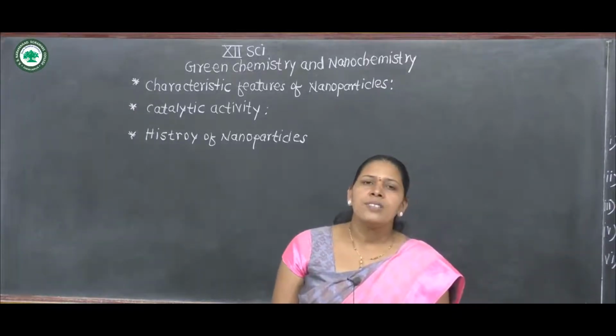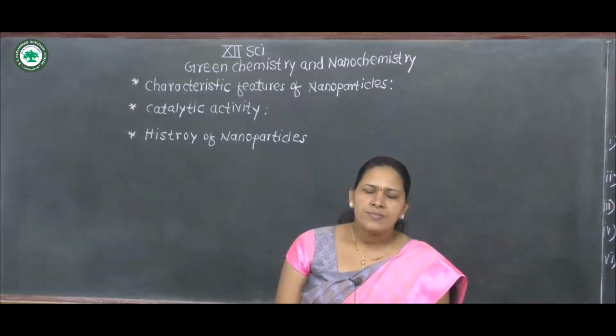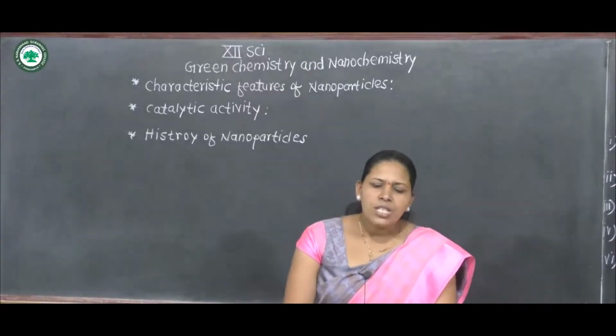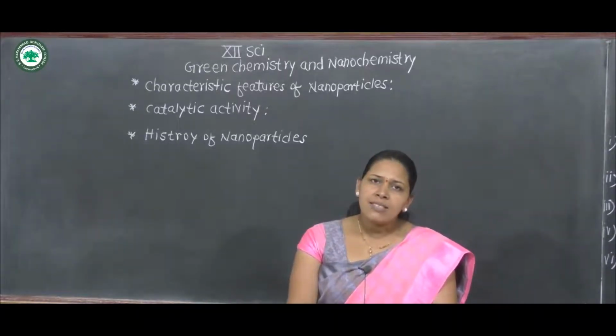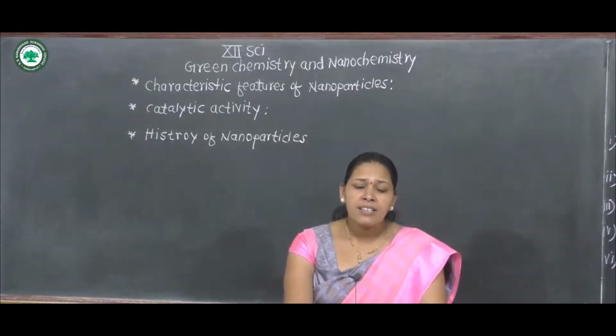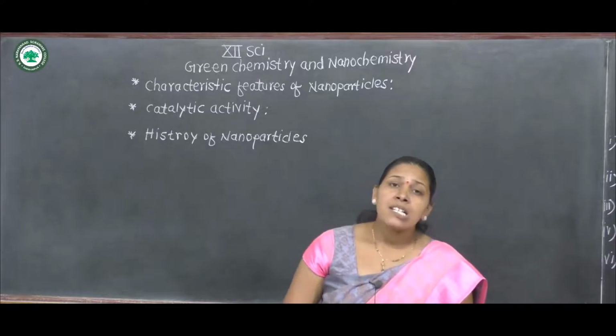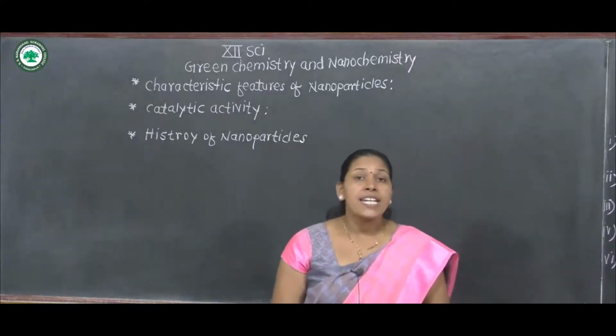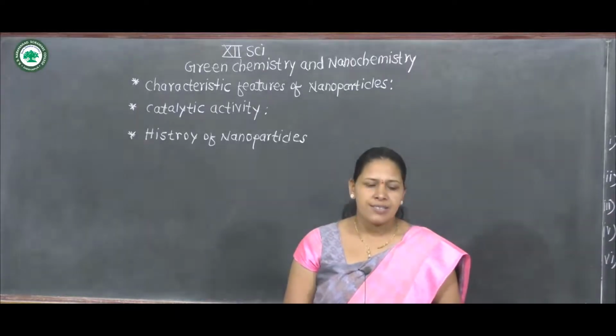There are some nanostructural materials which were used from ancient times. For example, the beautiful ruby red color of some ancient glass painting is due to gold and silver nanoparticles which are trapped in the glass matrix.